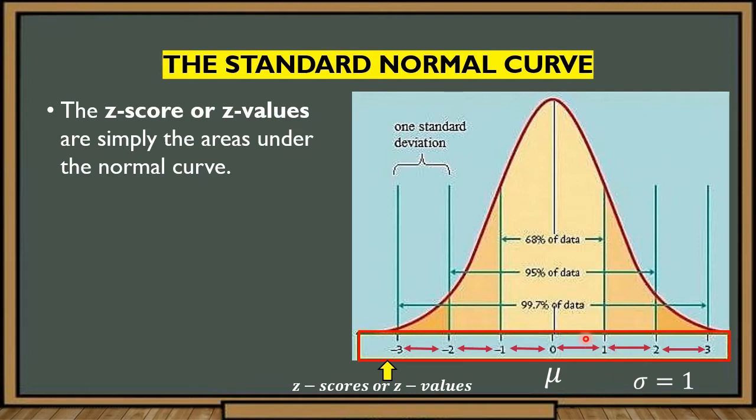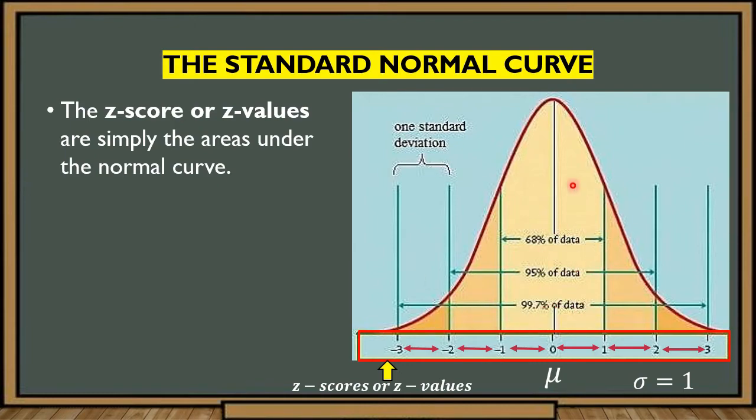So, example, if we're taking the area of z, which is equal to 1, we mean that by looking at the area covered from 0, from the mean, up to that given z-value. So, again, we can have areas between two z-values. For example, what is the area between -1 to +1. So these are all areas under the normal curve.